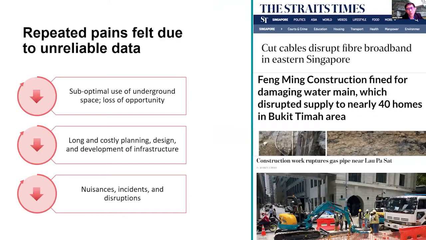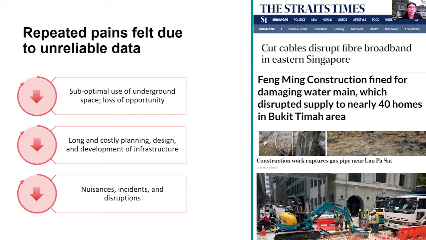So when you have unreliable data, undefined quality, it's a repeated pain. Every project you need to really find out what is underground. It is slow, long and costly planning in terms of design and development of infrastructure.